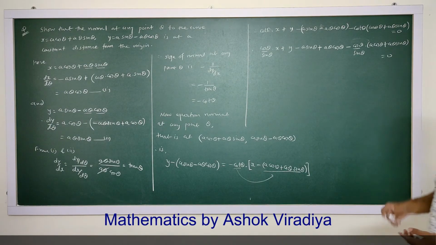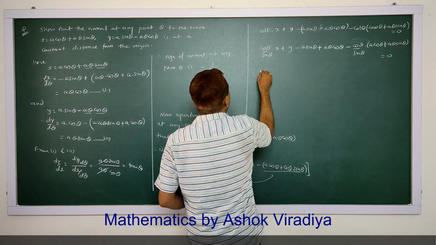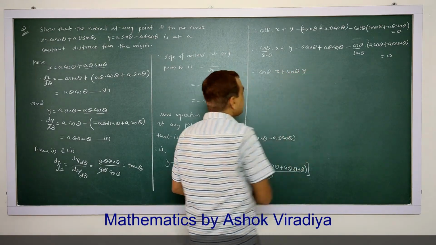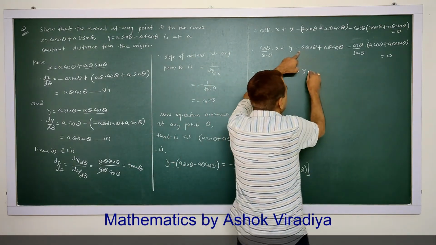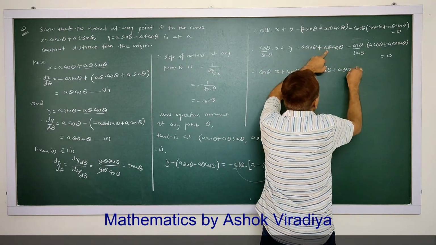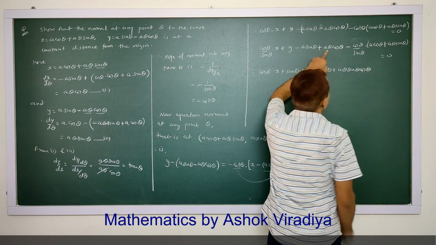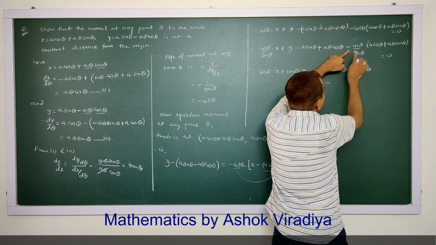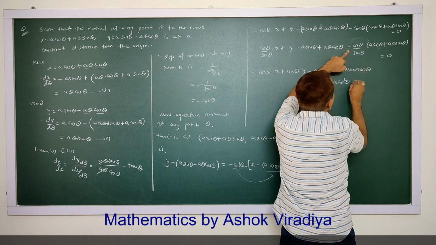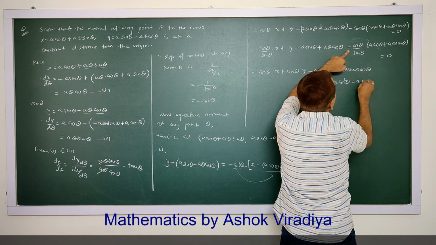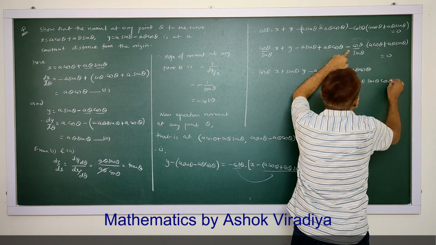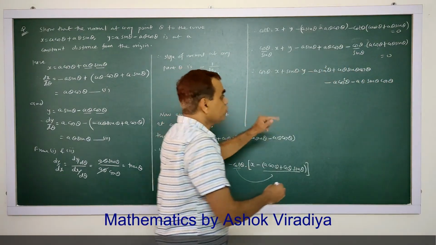Now multiplying by sin theta, cos theta into x plus sin theta into y minus a sin square theta plus a theta sin theta cos theta minus cos theta into cos theta, a cos square theta minus a theta sin theta cos theta equal to 0.